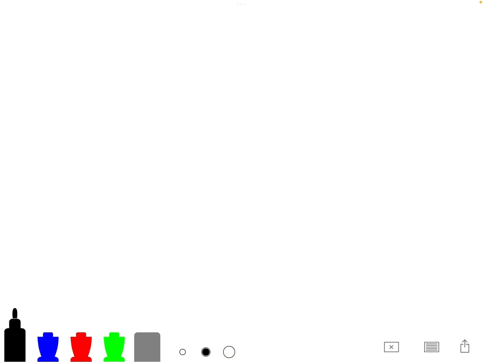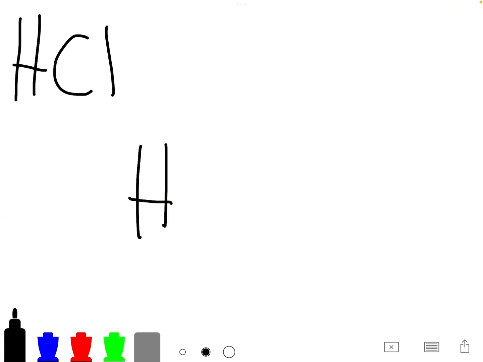The next one is HCl. So this is also simple, so it's just the one hydrogen and the chlorine. Except this has to have dots, so it's 1, 2, 3, 5, 6, 7.